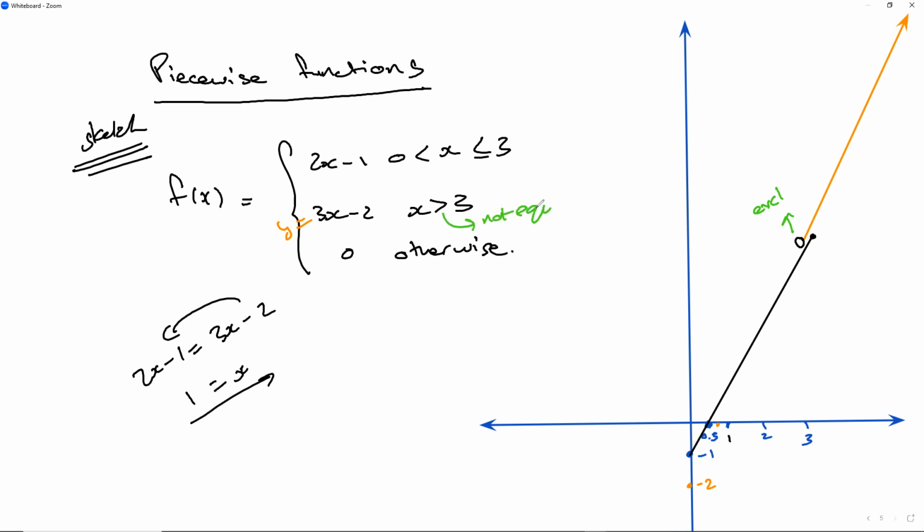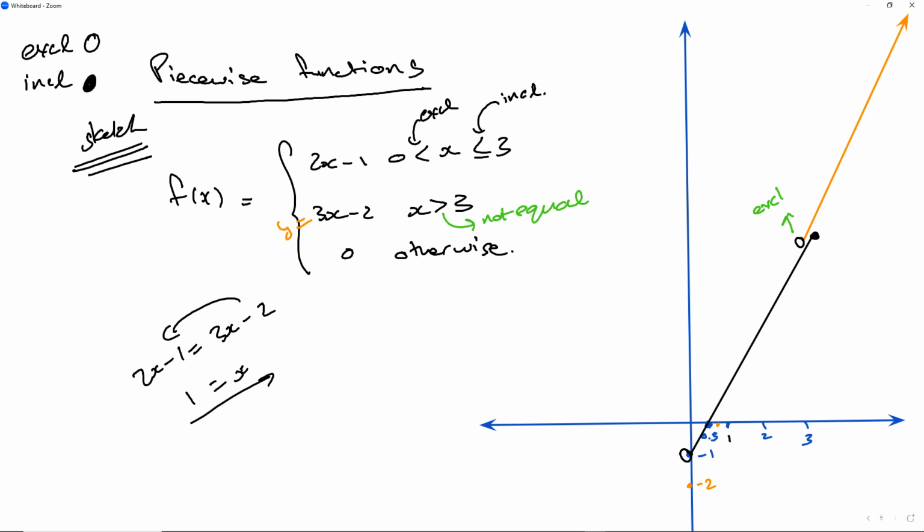So we put an open circle there. And we put a closed circle over here because that implies that it's including. And then we put an open circle at the end here because that's excluding as well. So whenever we exclude, we put an open circle. Whenever we include, we put a closed circle at the end of the line.